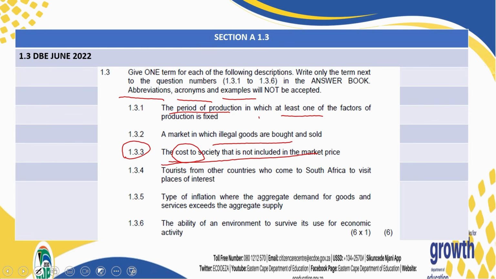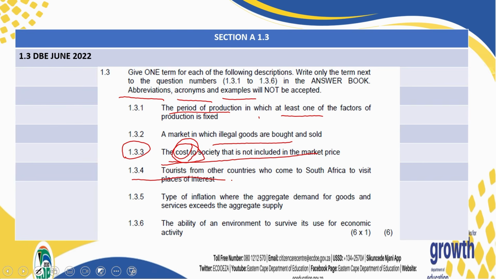But once they stick to one, if they are talking about cost, then it should be a negative externality or an external cost. And if they are talking about the benefit to the society, that is a positive externality, not a negative externality. So that is also very important.